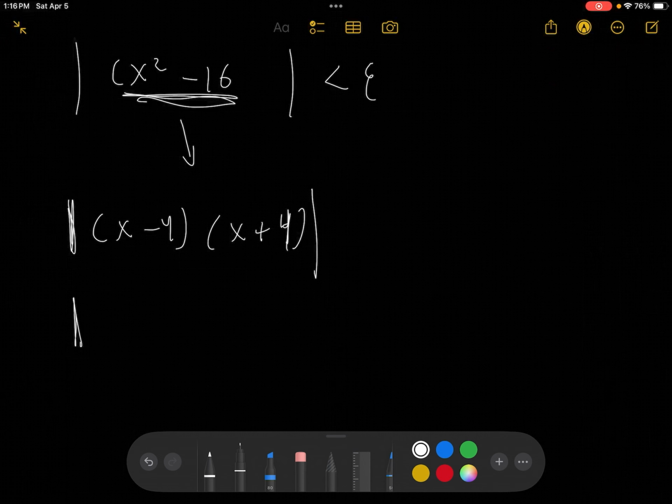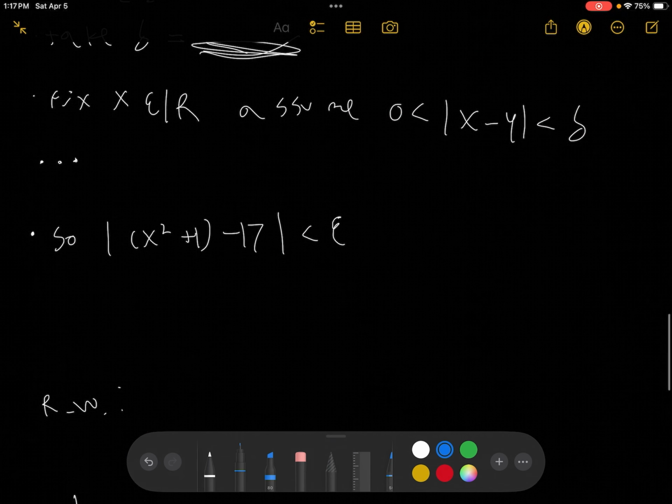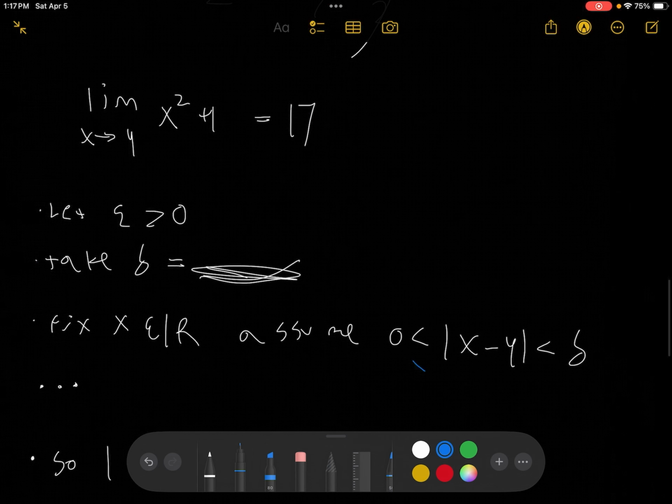And then the absolute value of a product is the product of the absolute values. And now we're in a similar scenario as we were previously, where this bit right here looks familiar. It's our assumption.